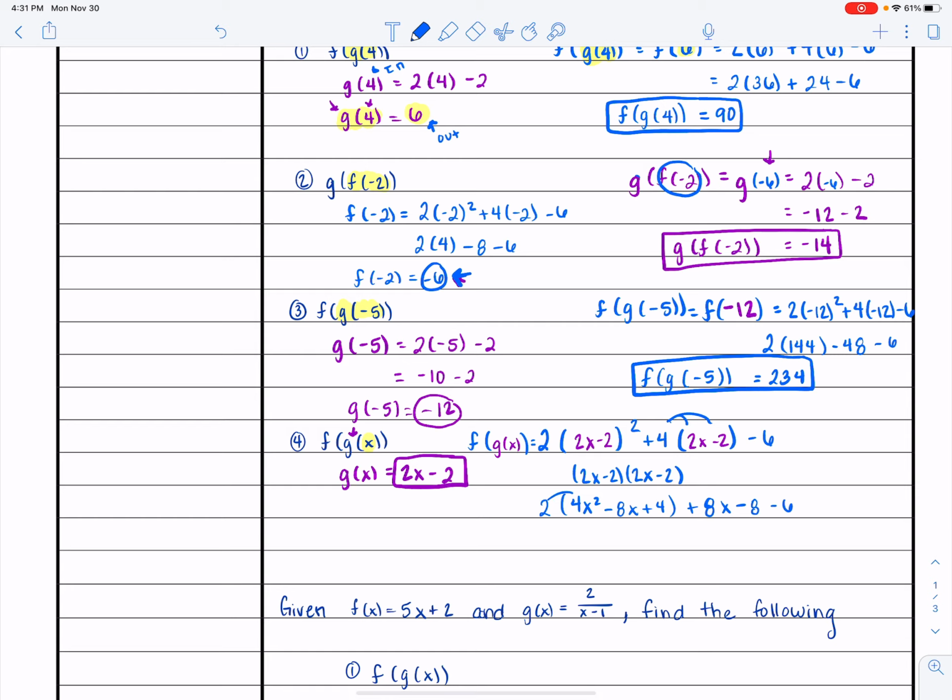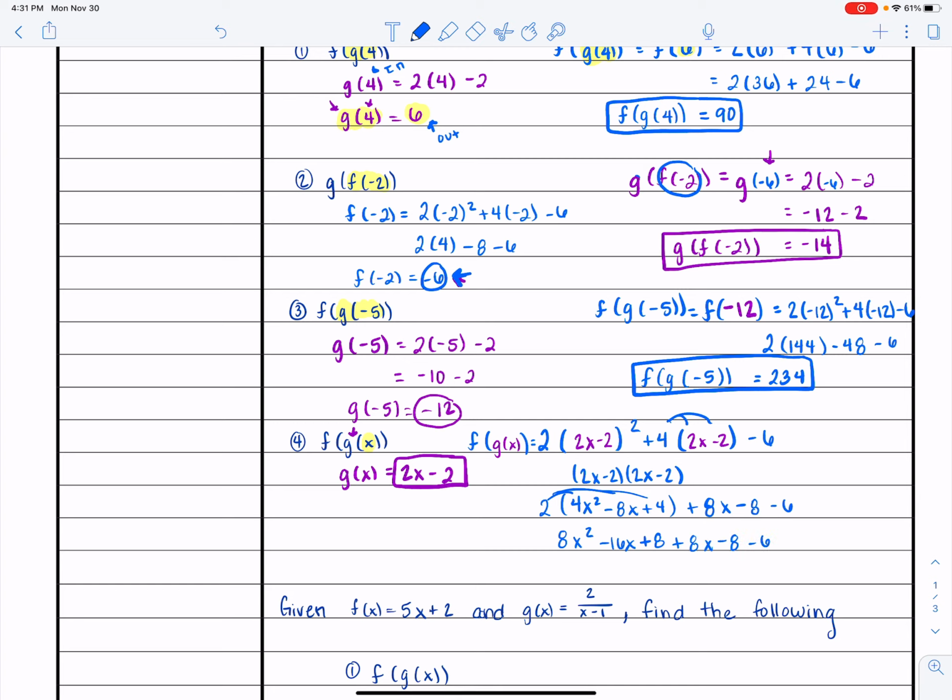When I distribute the 2, I get 8x squared minus 16x plus 8, plus 8x minus 8 minus 6.